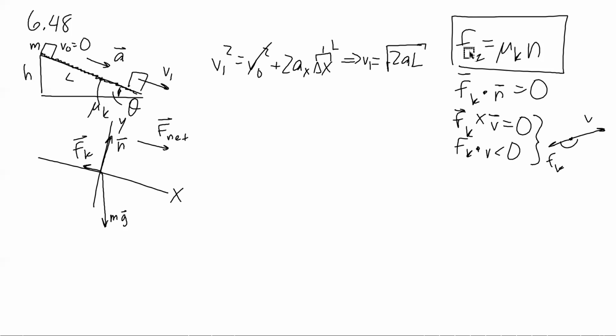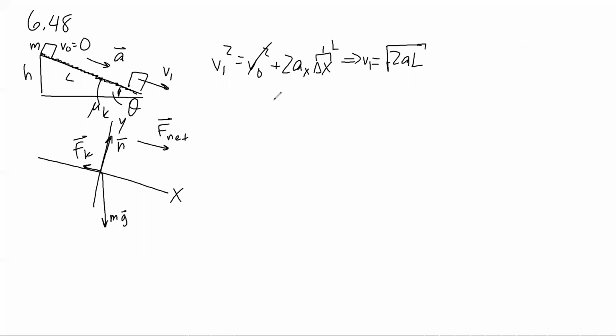Okay, I'm going to erase the part on the right. So now that we got really what we're trying to find, we just need to find acceleration. Now, again, the point of these examples is to show you how you find acceleration. The way to find acceleration is use Newton's laws.